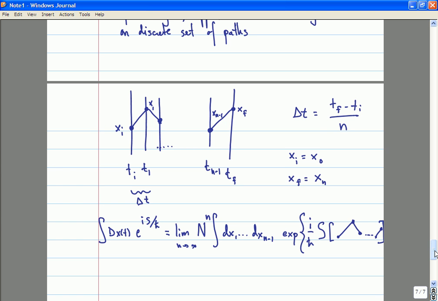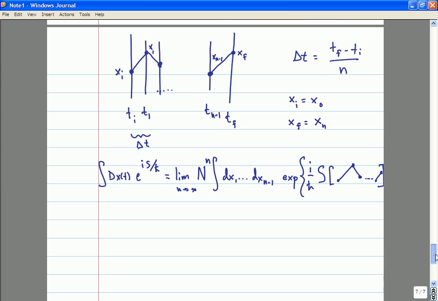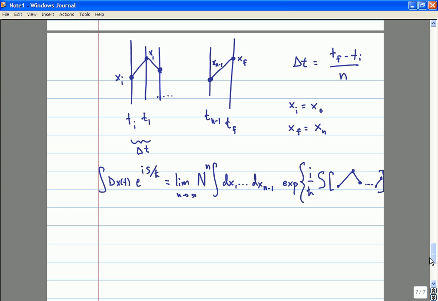Let's go ahead and compute this. So what is S on this funny-looking path where I've discretized my path and written it as the joining of a bunch of straight line segments? So S is the integral dt over the whole path of the Lagrangian. And I can break that integral into a bunch of sums.